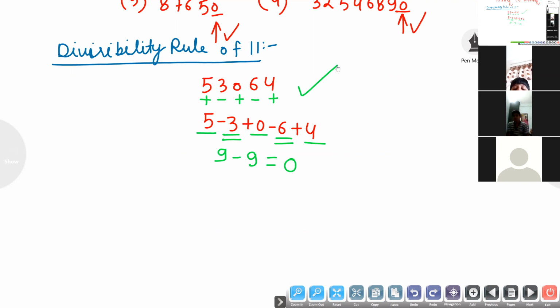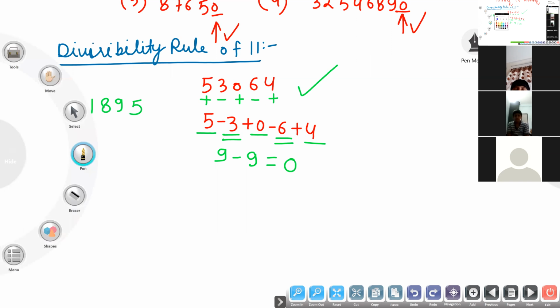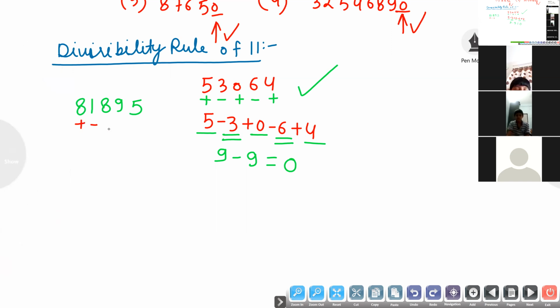Right. One more example I am writing. Listen carefully. 81895. Concentrate everyone. Again, this is plus, minus, plus, minus, plus.